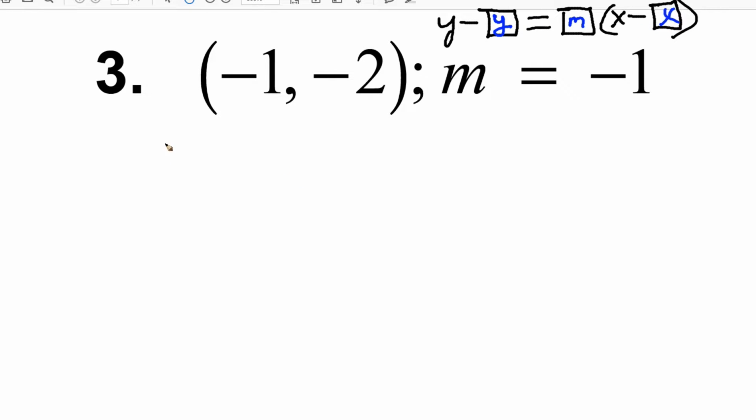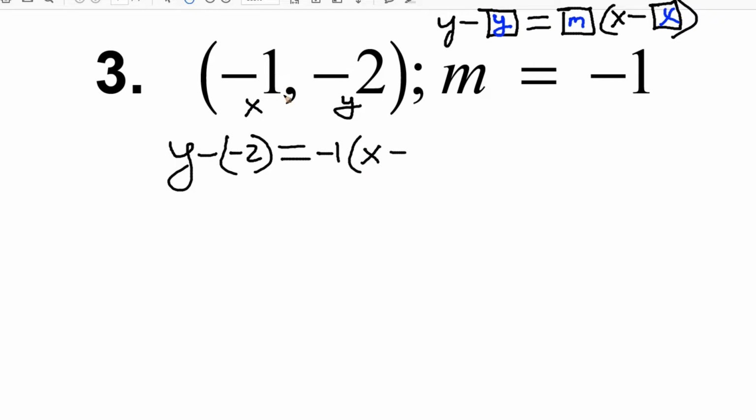So let's go ahead and do that. Y minus, what's our y value? Remember, this is x and y. Our y value is -2 equals, what's our slope? Our slope is -1 times x minus our x value is -1. So let's simplify as much as we can.